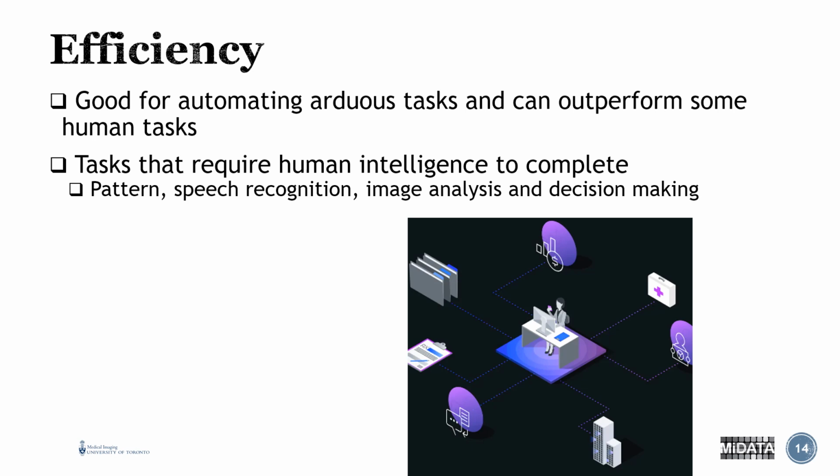When you think of applying artificial intelligence, you're thinking pattern recognition, speech recognition, which is another form of pattern recognition, image analysis, of course, and decision making, which we just discussed. But all of this leads to an important hallmark characteristic, efficiency, which is one that is currently being leveraged a lot in the development of AI solutions.